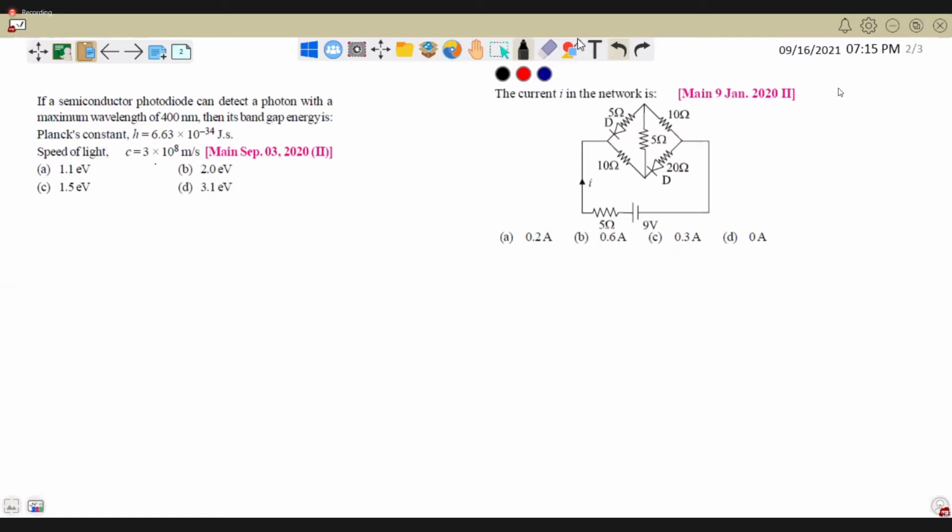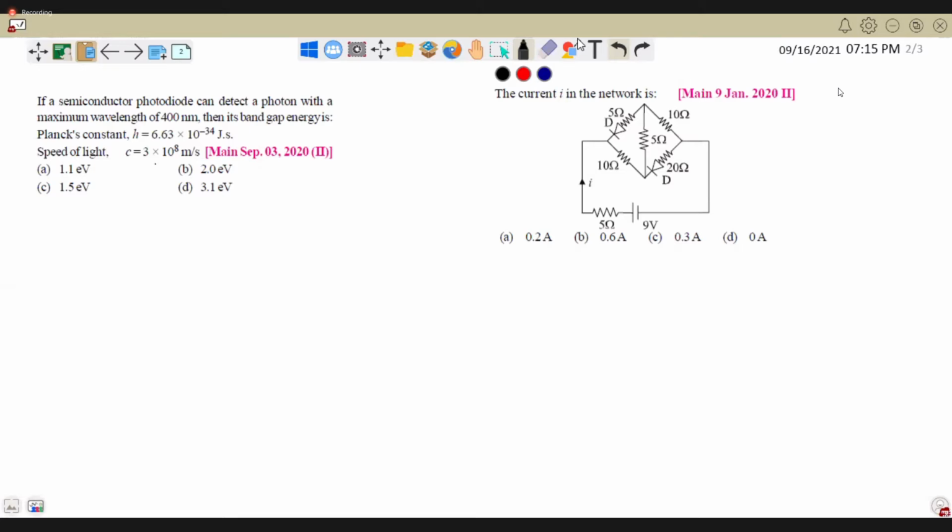Hc by lambda. What is your hc value for an electron? 1240 eV nanometers, right?